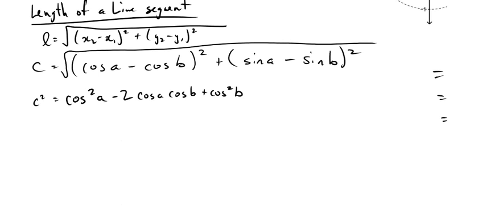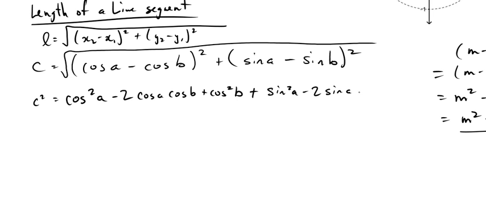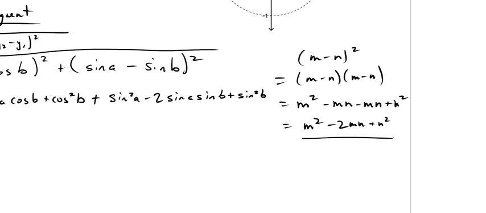That's the first bracket expanded, plus the second bracket's the same. Sine squared A minus 2 sine A sine B plus sine squared B. Everybody okay with that?